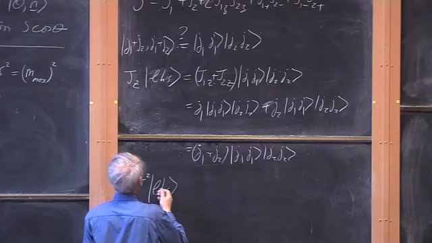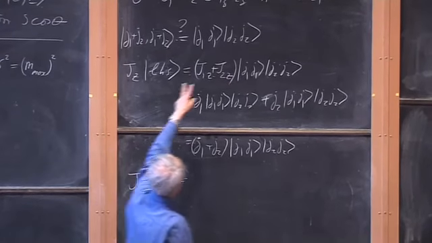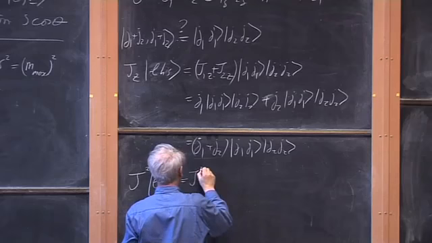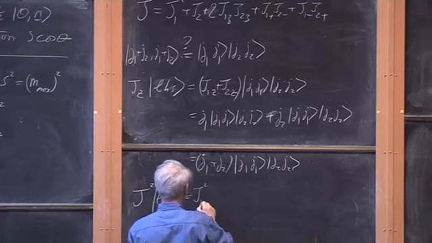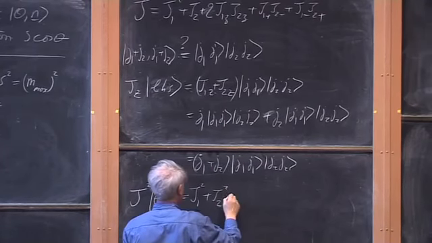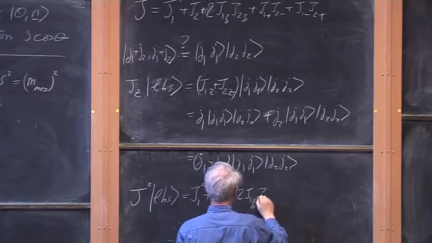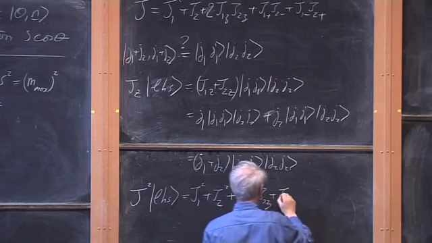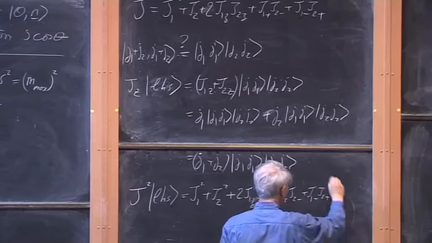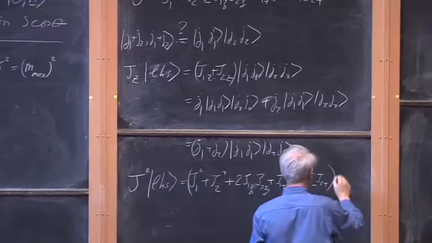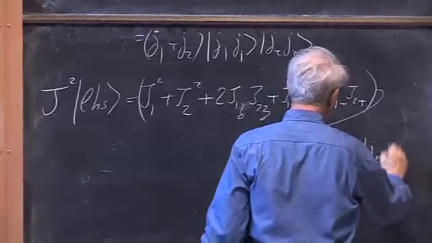I want to do j squared on the right side, and j squared we've discovered is j1 squared plus j2 squared plus 2 j1z j2z plus j1 plus j2 minus plus j1 minus j2 plus. All that disgusting mess has to operate on |j1, j1>|j2, j2>.